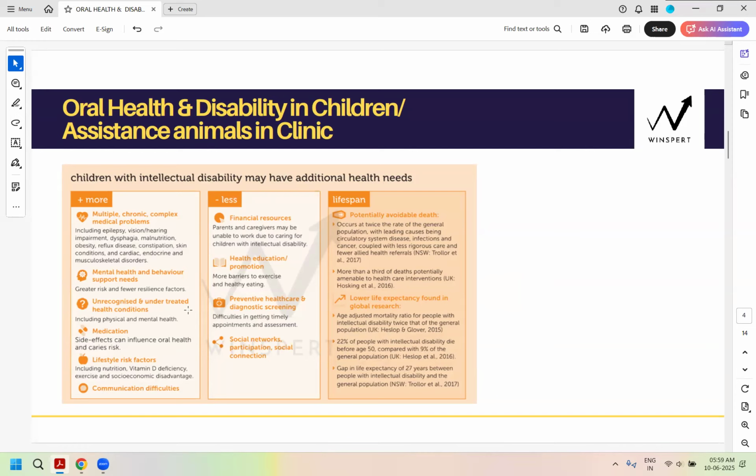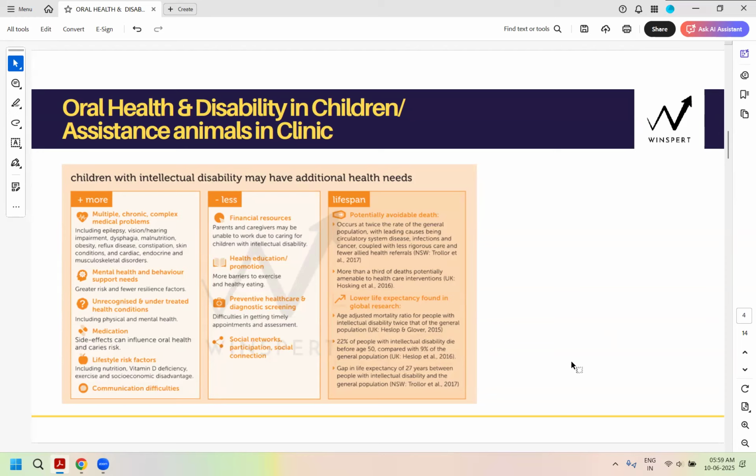Unrecognized and untreated conditions can also start developing because of the existing oral conditions. And poor oral health can increase their further risk of cardiovascular disease, diabetes, and other chronic conditions. So education and identification are extremely important, right?